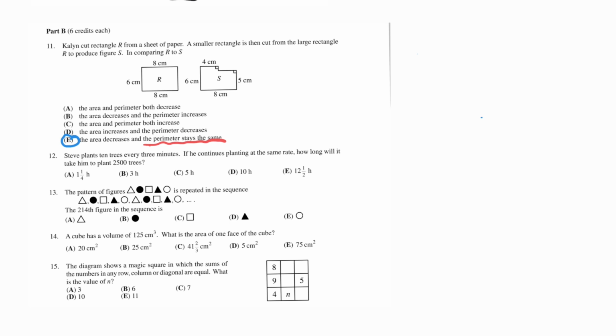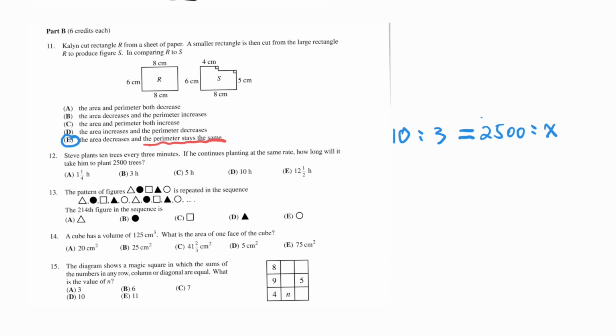Steve plants 10 trees in 3 minutes. 10 to 3, that's the ratio. And he plants 2,500 trees. So how long does it take him?